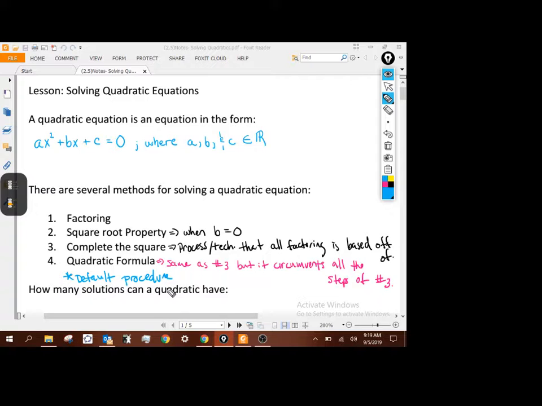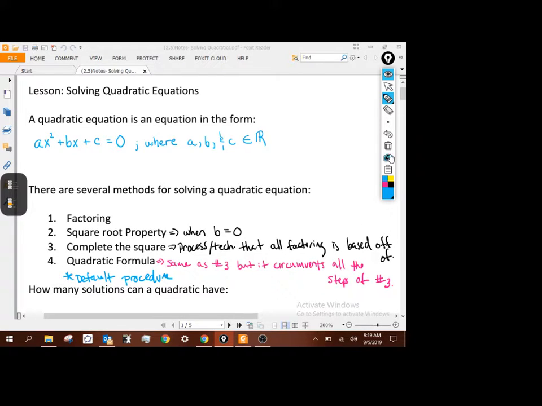So we want to be cognizant of the approaches, cognizant of the time each takes, and then apply the appropriate one when necessary.